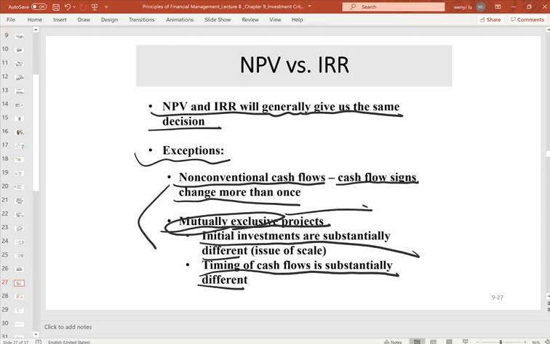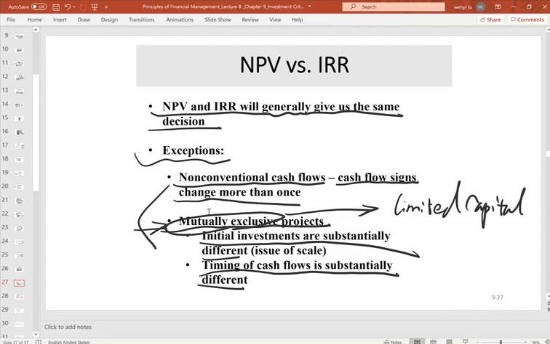Mutually exclusive means you cannot choose the two projects at the same time because you have limited capital. If you choose one project, you must give up the other project. So it is either or, not both.